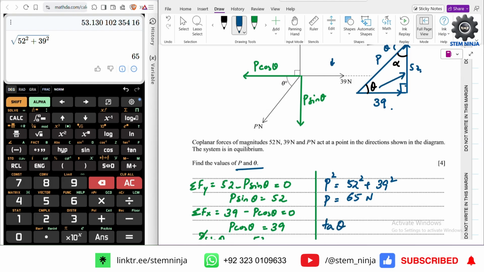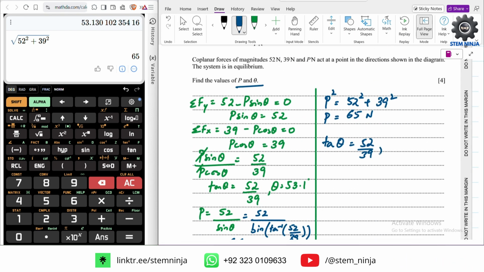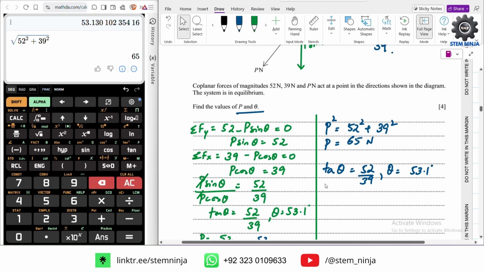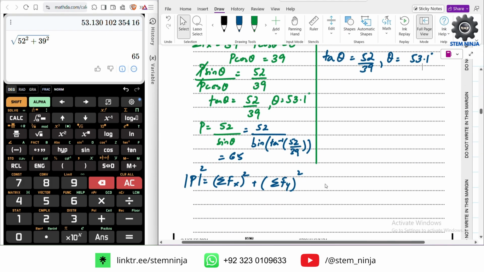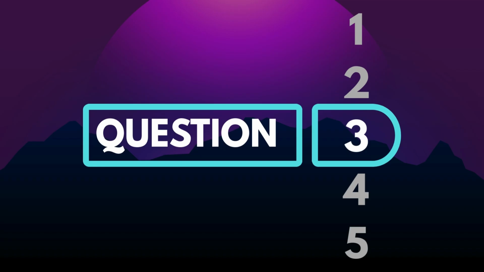So tan theta equals 52 over 39, and as you can see, it would get you the same value as before, 53.1 degrees. Two methods, both of them equally powerful. Right, so therefore p is equal to 65 newtons and theta is 53.1 degrees. And that's it for this question.